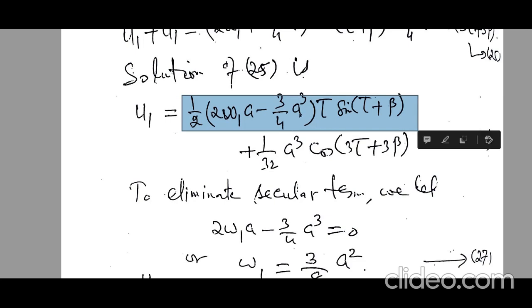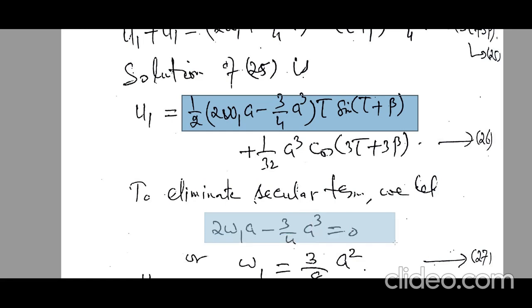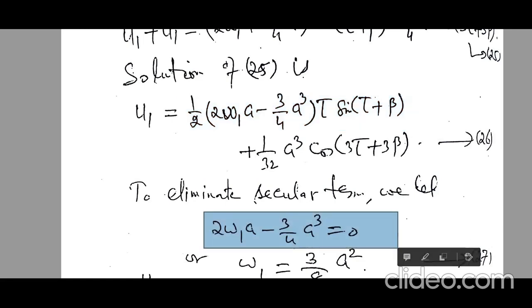Therefore we can take the coefficient of this term, which is 2 omega 1 a minus 3 by 4 a cube, to be 0.